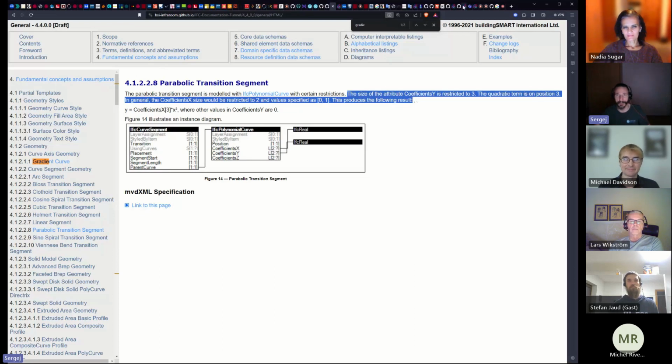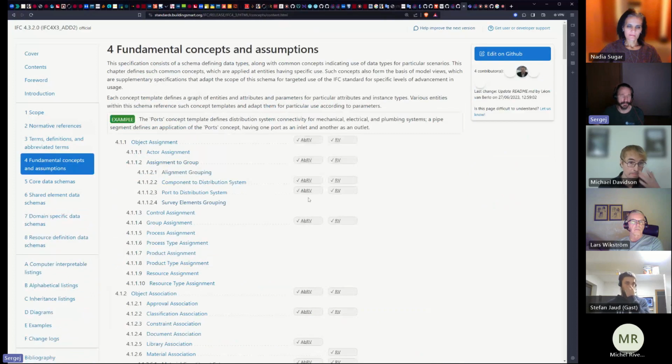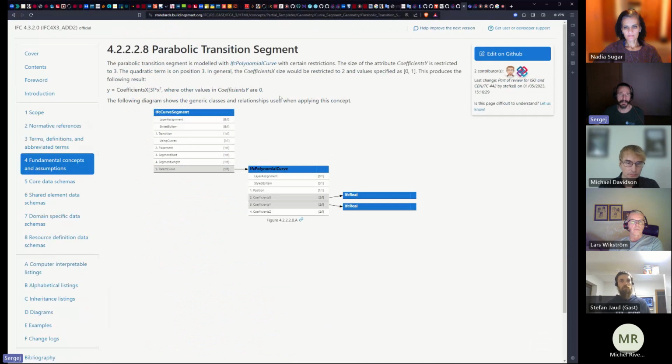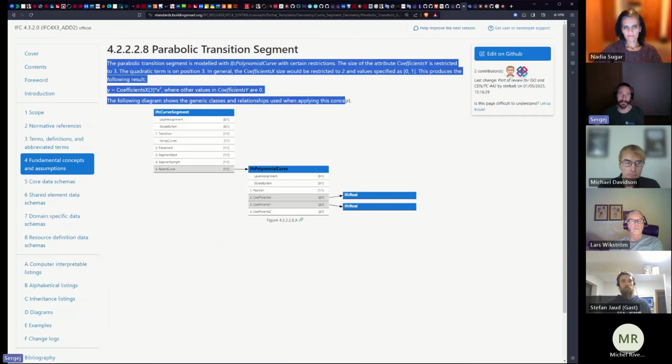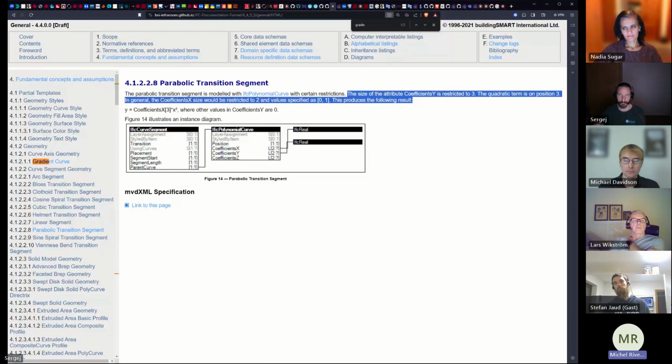So if we look at the ISO documentation, so that's this official, and we go to fundamental concepts and assumptions, and we go to parabolic, you will see that this actual text is in here, unfortunately. Or maybe fortunately, because there's at least something in the documentation. Yeah, this is all in the documentation there is.